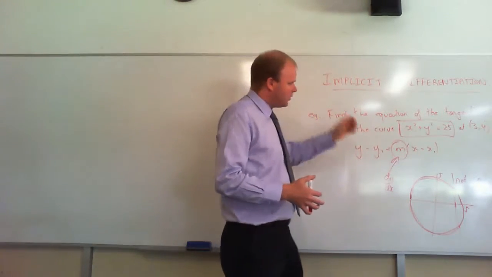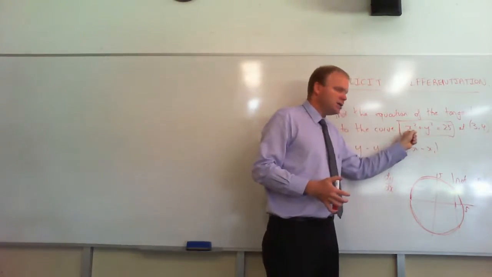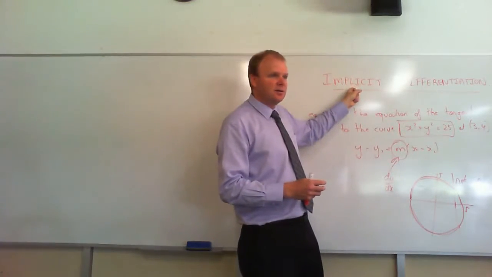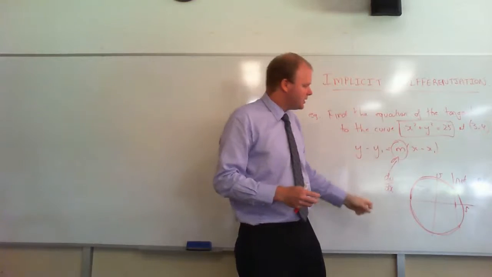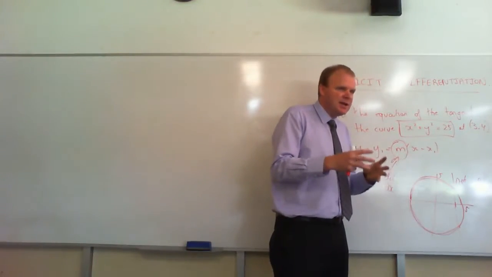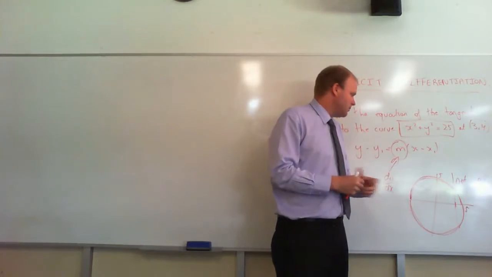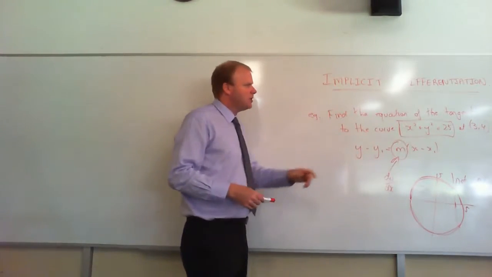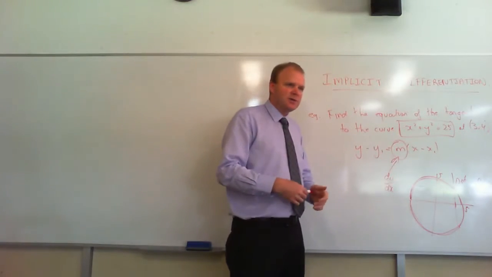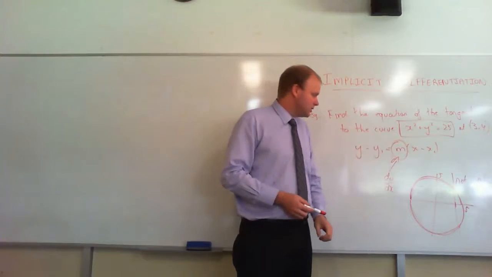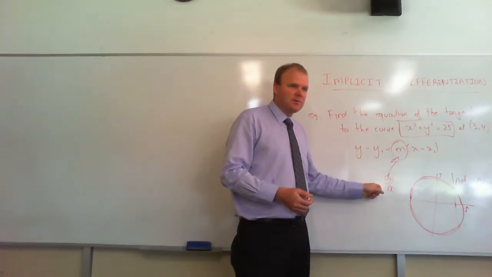So, while this is given as an equation, it implies that there are other functions built within this equation. So rather than having to rearrange to get y equals and then differentiate, we can use a method called implicit differentiation to get us the dy/dx value.